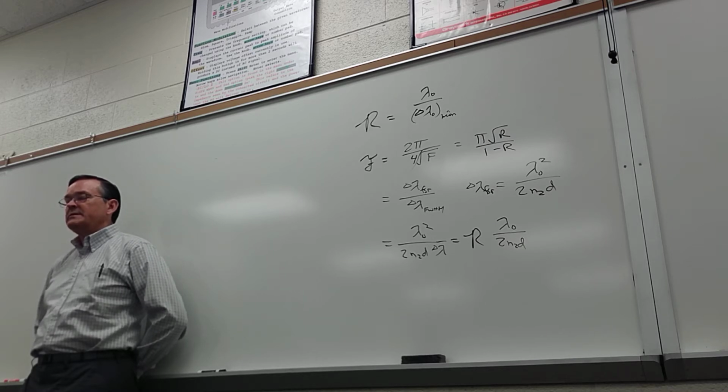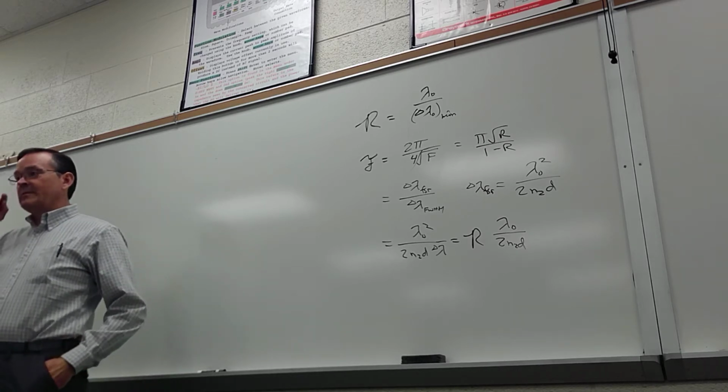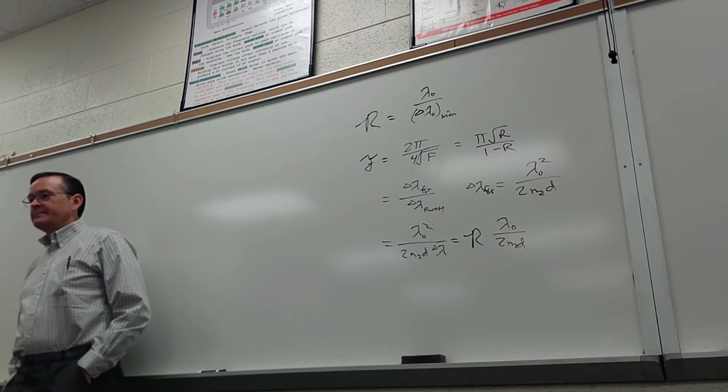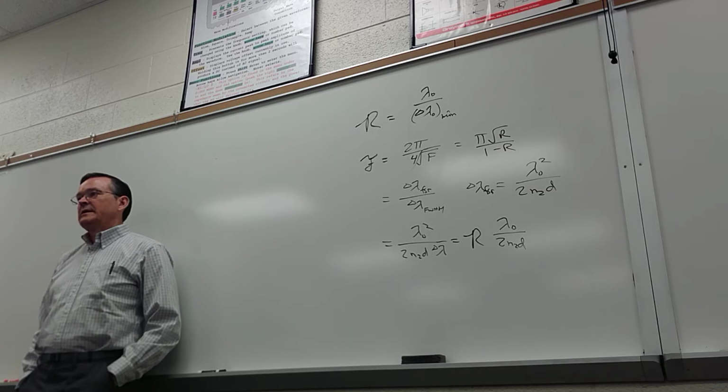And it doesn't really matter what the two film indices are, just so long as they're different. That's all that matters. If you've got that, you can build a mirror. So an anti-reflection coating is a very special case. Yeah, you're going for something very specific there.